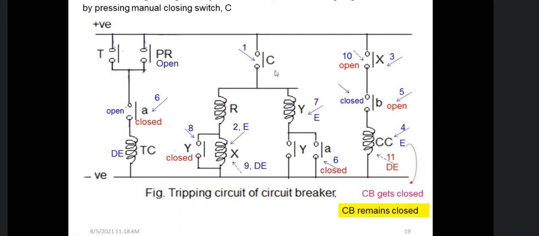Understood? That part I have not discussed till now. I have discussed how the manual switch button operates in a healthy condition. Now in the next slide I shall discuss how it cannot operate even if it is pressed under unhealthy condition.